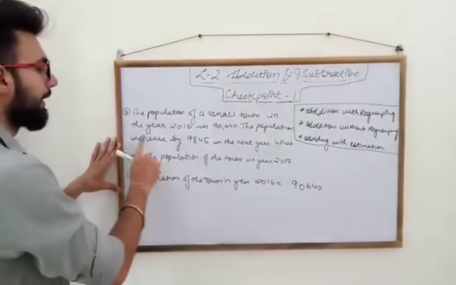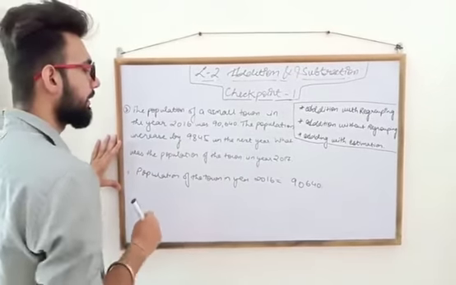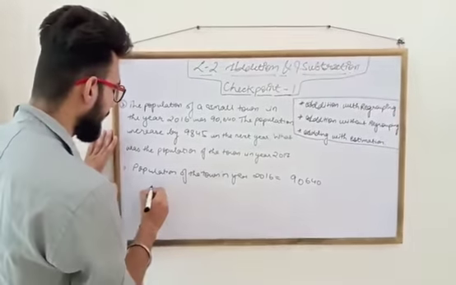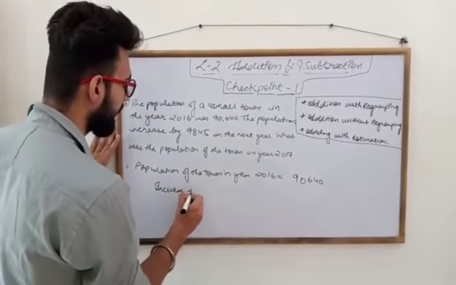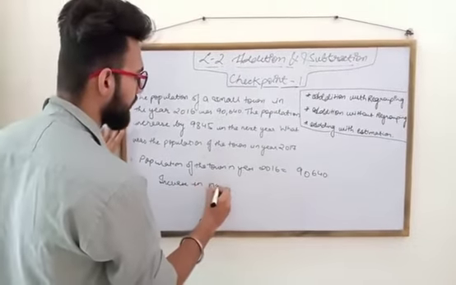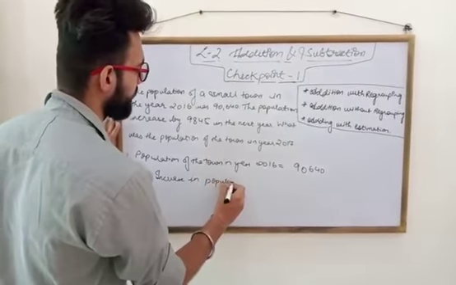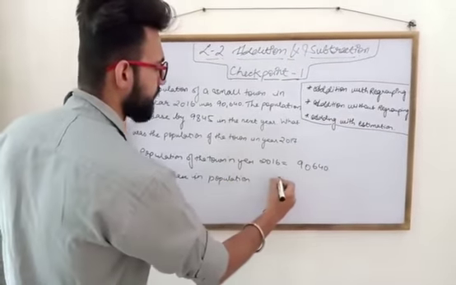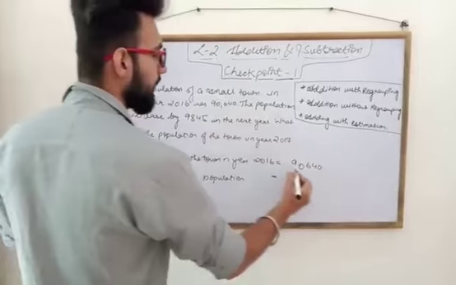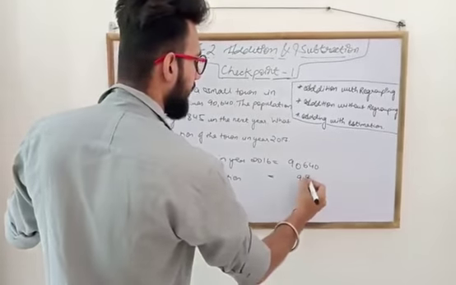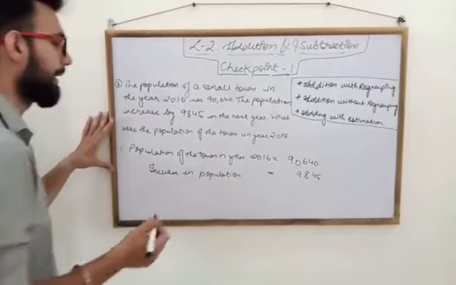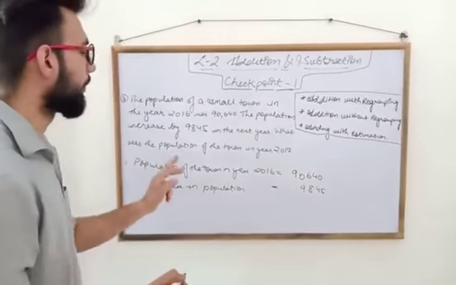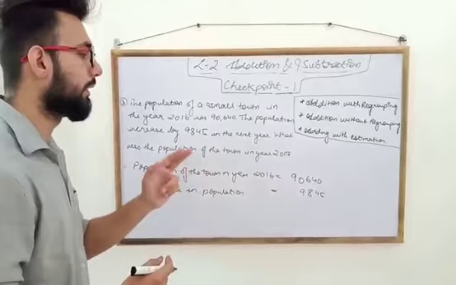The population increased by 9,845. So we'll write increase in population is equal to 9,845. And as it is asked, what was the population of the town in year 2017?